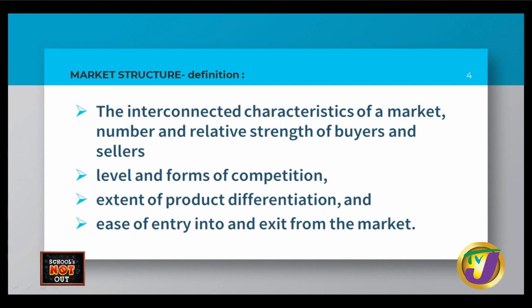So yes, it is looking at how the market is structured, but with a little more fullness in definition, we want to look at the characteristics of that market: buyers, sellers, competition, the type of product, and the entry and exit into that market.